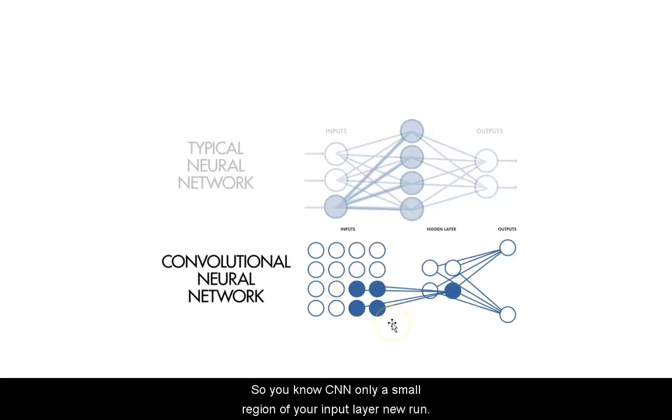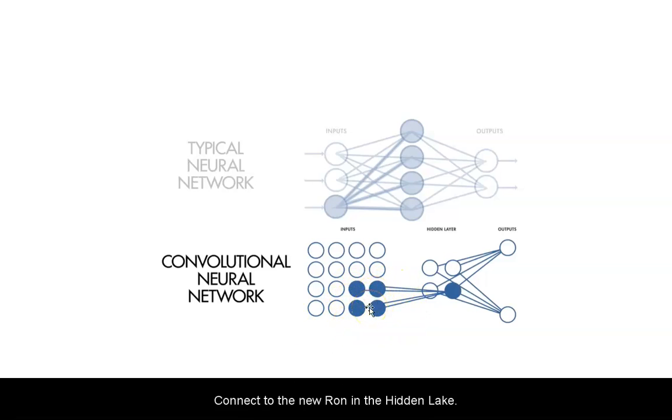So, in a CNN, only a small region of your input layer neurons connects to the neuron in the hidden layer. And this region is what is called the local receptive field.